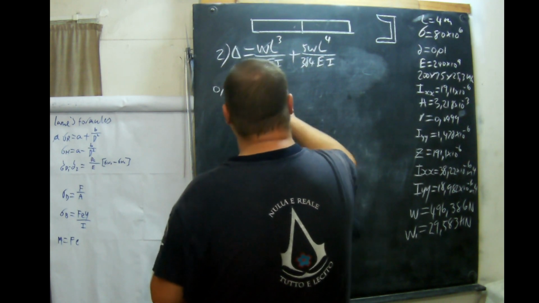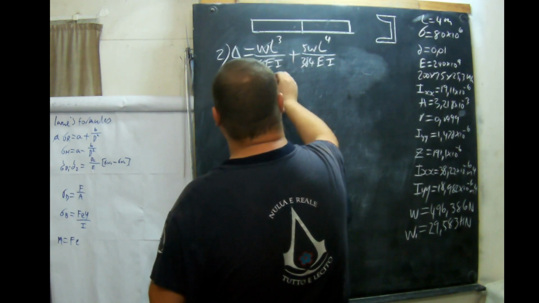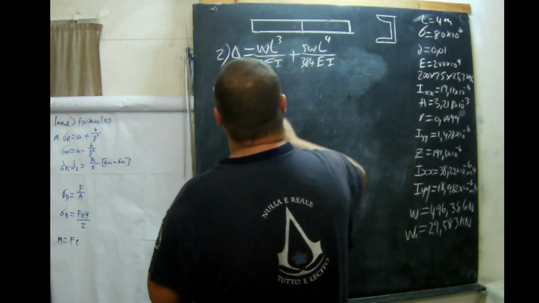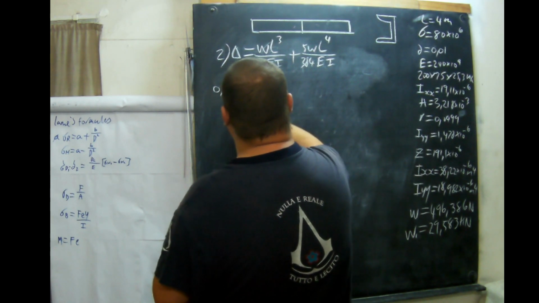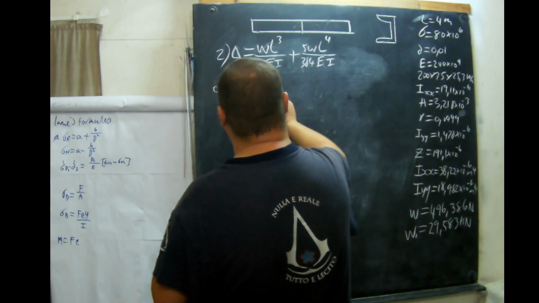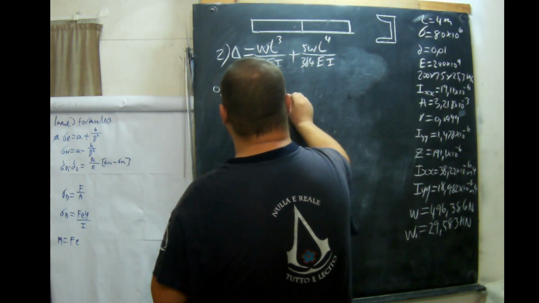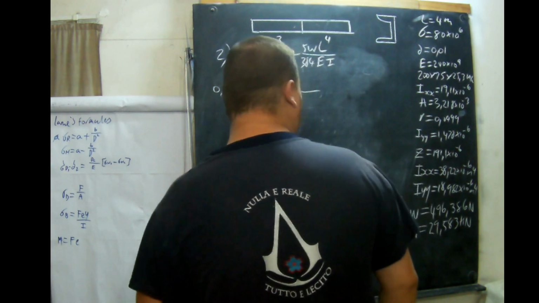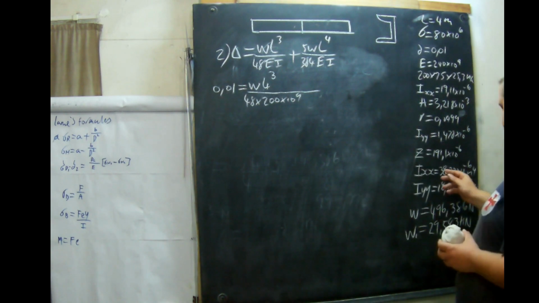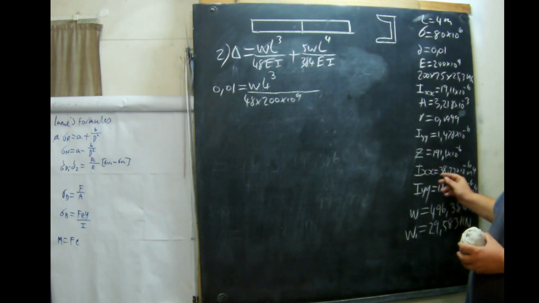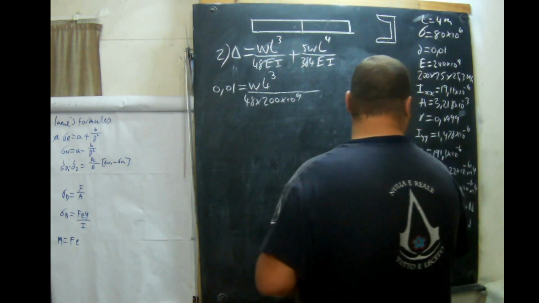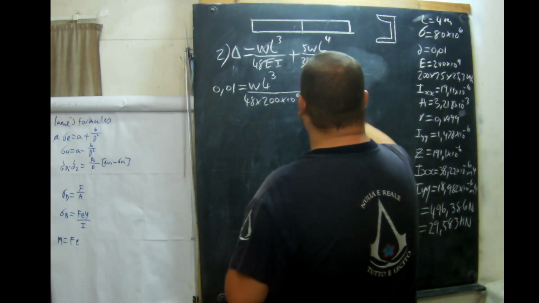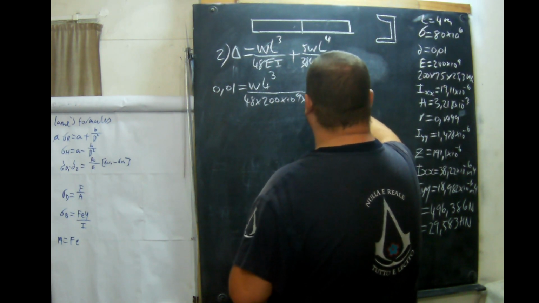equals W times 4^3 over 48 times 200 times 10^9 times I. Now I will be IXX. We'll take IXX into account. So it is times 38,22 times 10^-6.